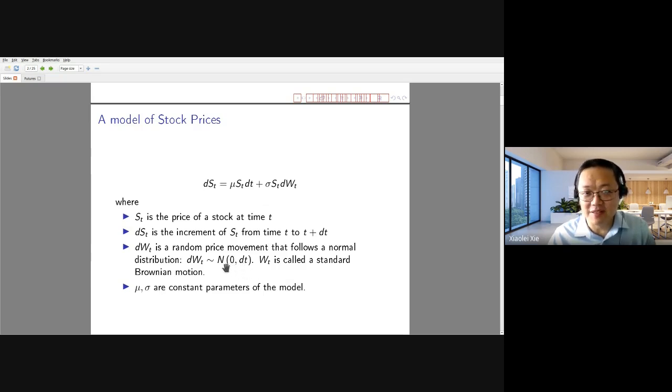The mean of the distribution is 0, and the variance of the distribution is equal to the time differential. So we can see here that the increment of the price also has to do with the current price. And this Brownian motion adds a random element to the price evolution.